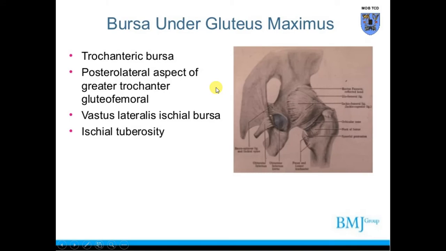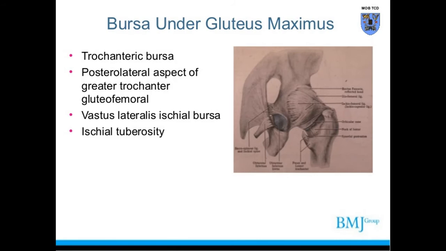I'm not going into very much detail, but when you have a book with you, you can see these bursae and locate them. What I want to tell you is that these bursae are very important to know, because the hip joint is one of the very mobile joints; we always sit, stand, walk, run over this joint.